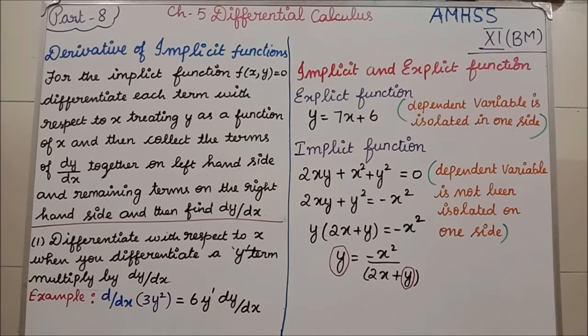Okay, this is the definition for derivatives of implicit functions. But before teaching this definition, I want to tell you about implicit functions. What is an implicit function and what is an explicit function? So far we have learned from exercise 5.1 to exercise 5.5 about explicit functions. In the introduction part I told you about the explicit function.